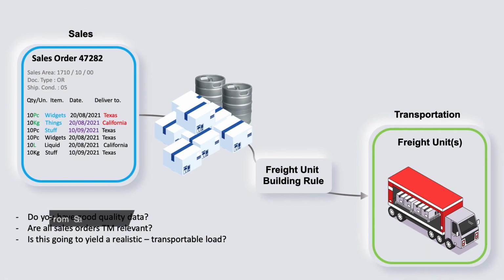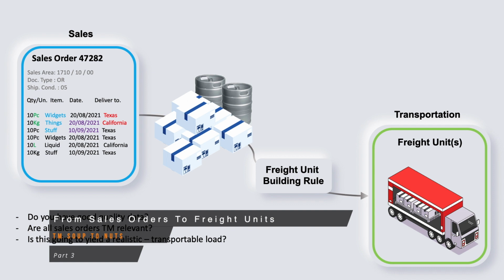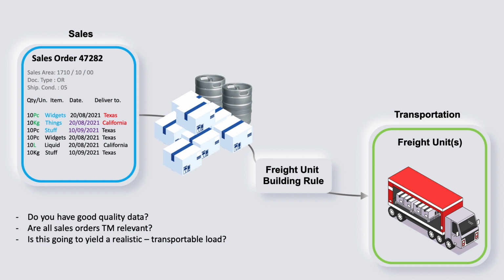To illustrate things, let's look at this sales order that we have before us. As usual, a sales order is created within a particular organizational level, a sales area. It uses also structural information such as a particular document type, and in this case also a shipping condition, which, as we'll see, is primarily important for the integration to transportation management.